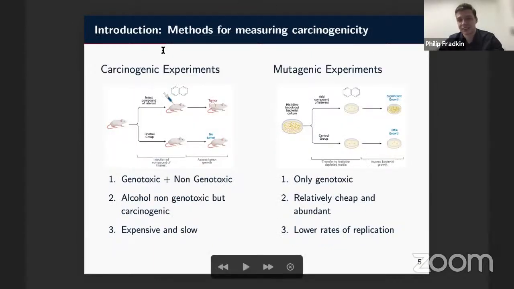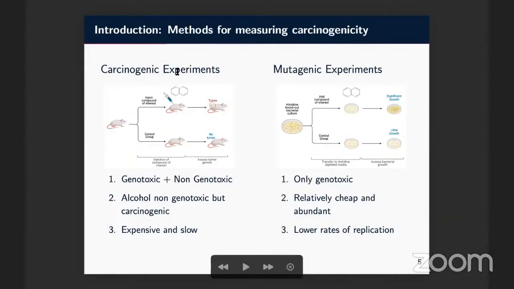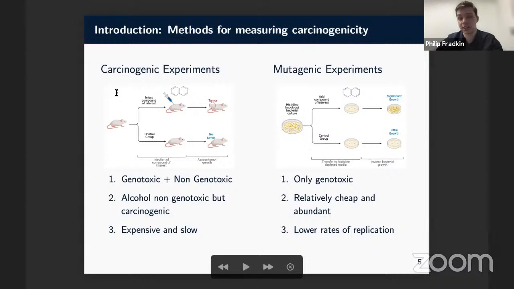There are two main methods of measuring carcinogenicity experimentally. The first is carcinogenic experiments, conducted in animals, usually rodents. At a high level, animals get divided into two groups, the case group gets exposed to compounds of interest, and then there's a comparison between the number of tumors developed in the case group versus the control group. This approach is able to evaluate multiple modes of carcinogenicity, genotoxic and non-genotoxic.